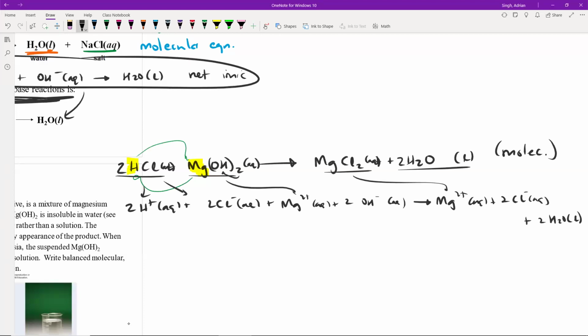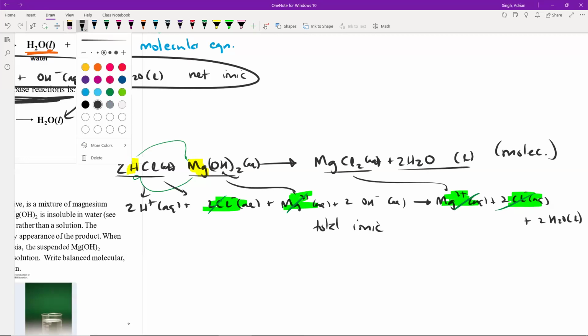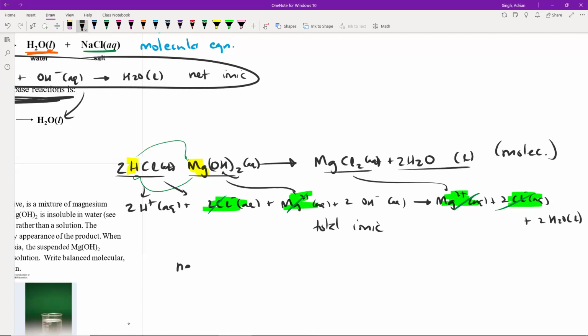We can cancel out the spectator ions. The 2 Cl minuses are the same, and the Mg2 plus is the same, so we cancel those out. This is the total ionic equation that we just wrote, and after canceling the spectator ions, our net ionic equation is 2H plus, aqueous, plus 2OH minus, aqueous, to give 2H2O, liquid.